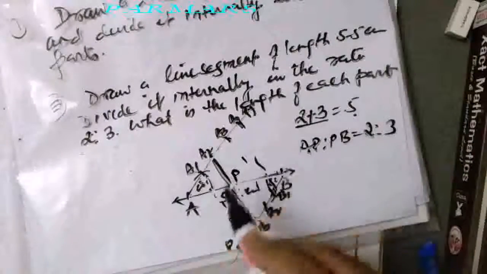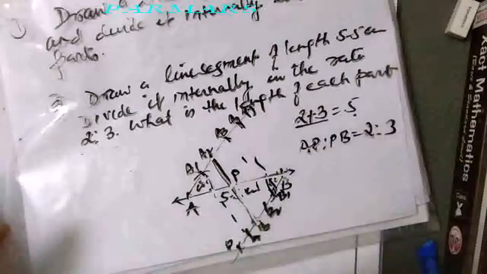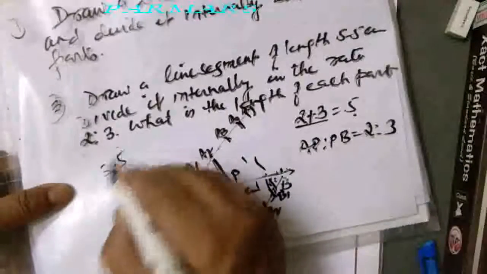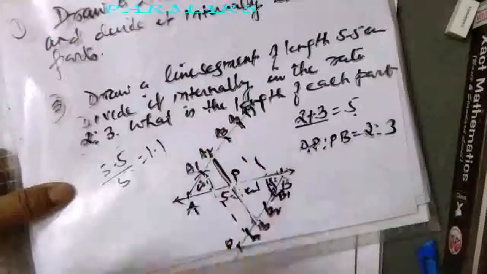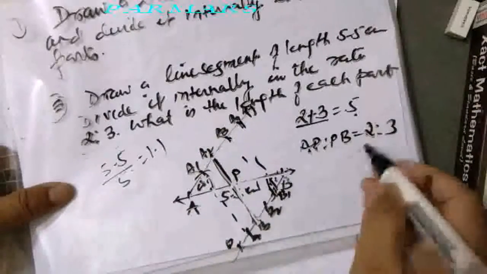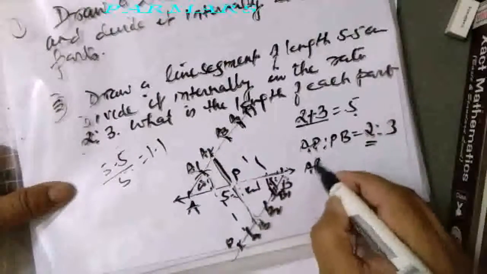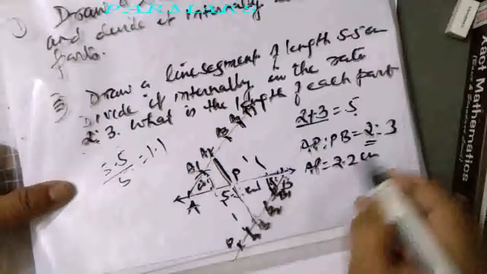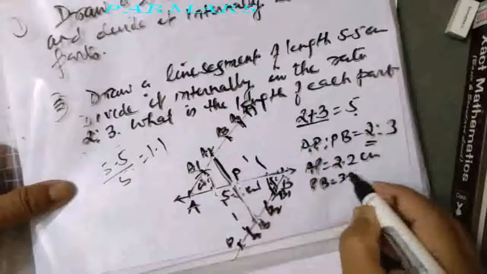And since line AB of 5.5 is divided into 5 equal parts, each part will be equal to 1.1 centimeter. So 2 parts is AP, which must be 2.2 centimeter, and PB must be 3.3 centimeter.